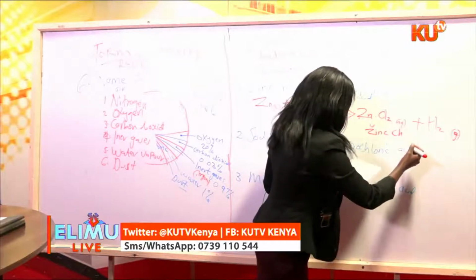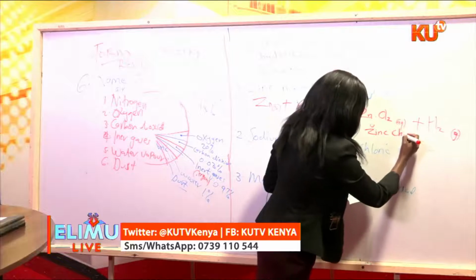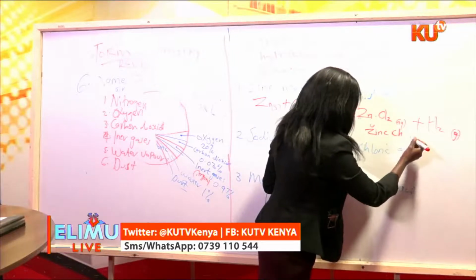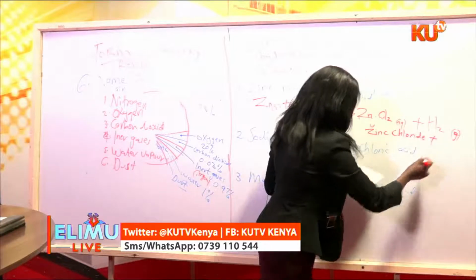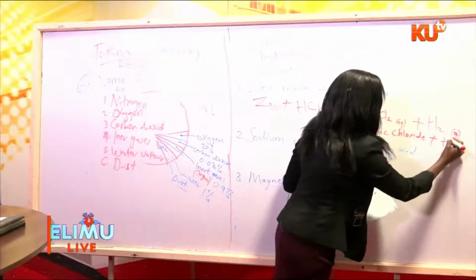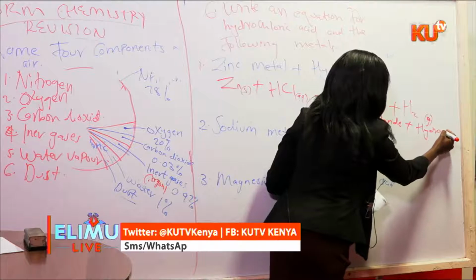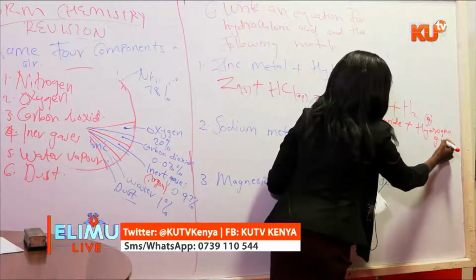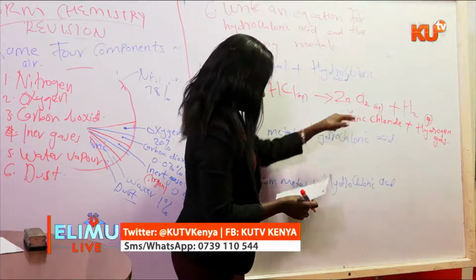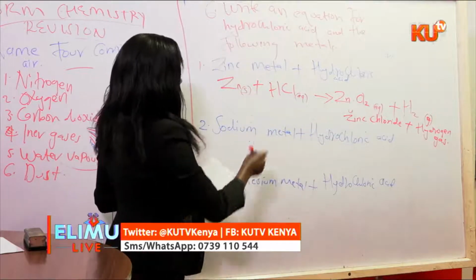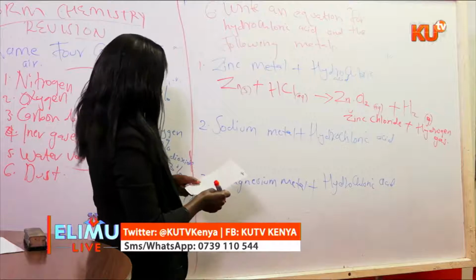So we're going to get zinc chloride plus hydrogen gas. So ZnCl2, which is an aqueous solution.